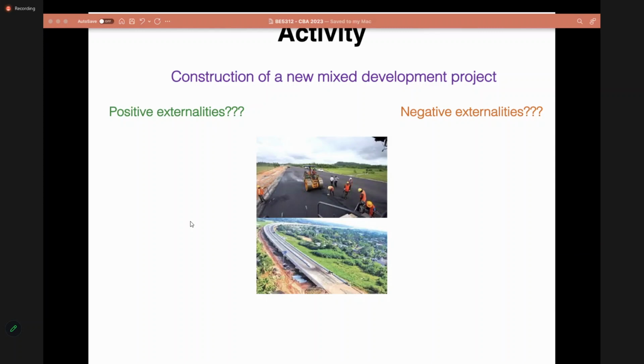Can you think? Any positive things or negative things that might be experienced by unrelated third parties of the project?